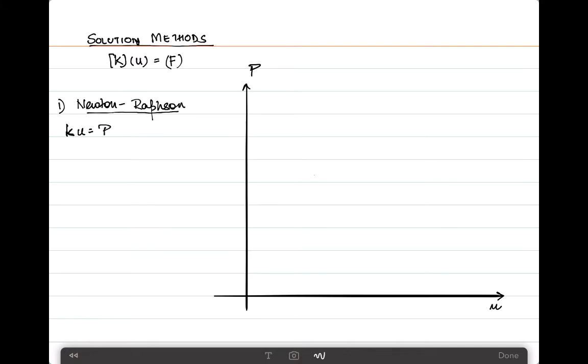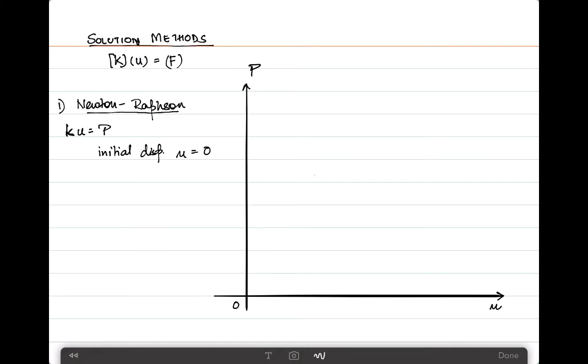Because we are using the Newton-Raphson method, we do not know what the P versus U curve is going to be like. So we start with certain assumptions. Let us take, for example, that we start with the load level 0, then the initial displacement U is taken to be 0.